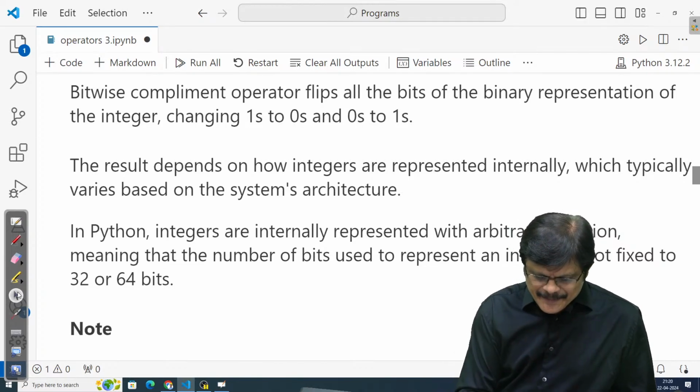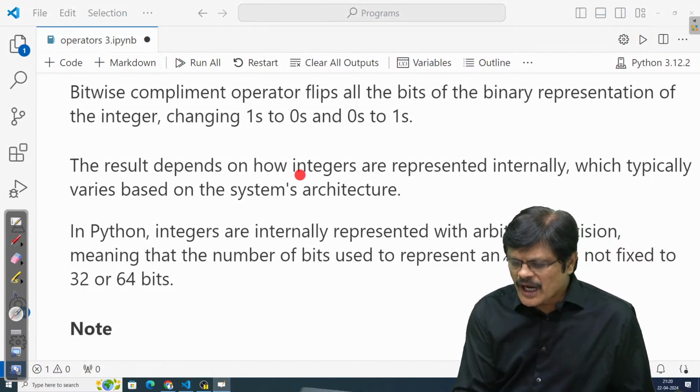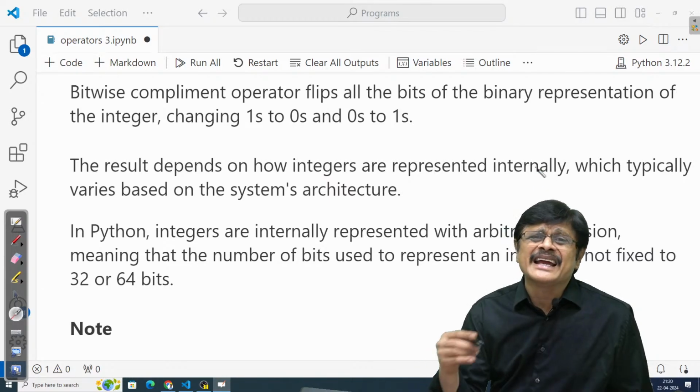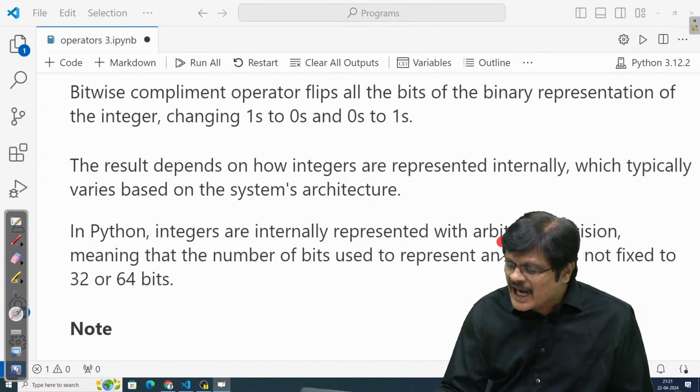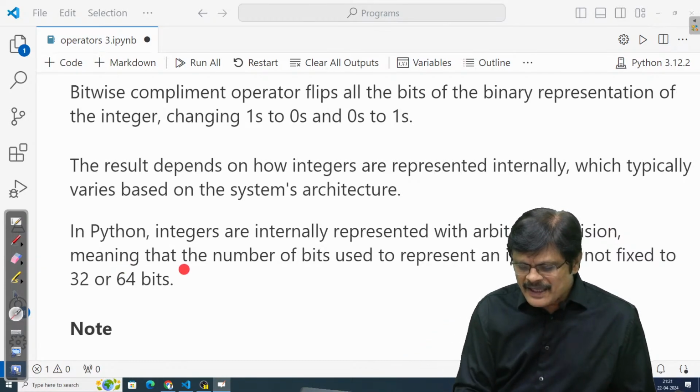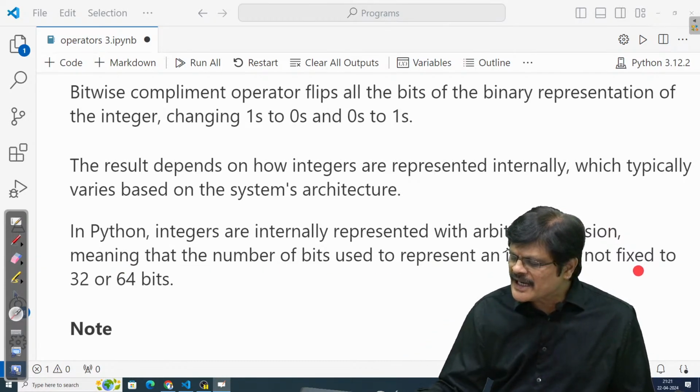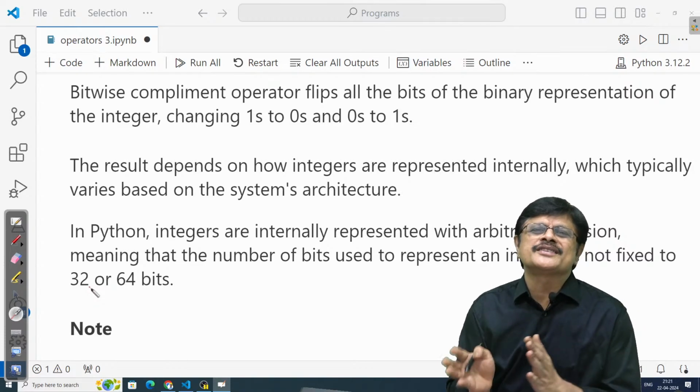The result depends on how integers are represented internally, which typically varies based on the system's architecture. But in Python, as I mentioned, integers are internally represented with arbitrary precision, meaning that the number of bits used to represent an integer is not fixed to 32 or 64 bits.